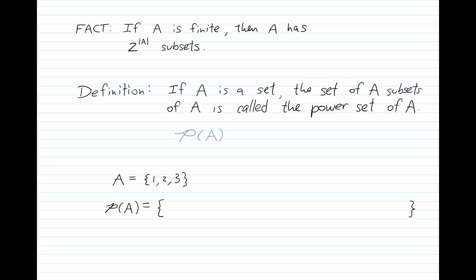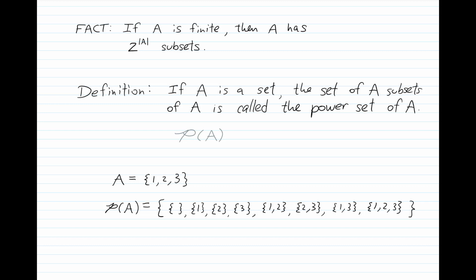There were 8 of them. There's the empty set. There's the set consisting of 1. The set consisting of 2. The set consisting of 3. Then there was the set consisting of 1 and 2. The set consisting of 2 and 3. And the set consisting of 1 and 3. And then there was A itself. Those are the 8 subsets of A.